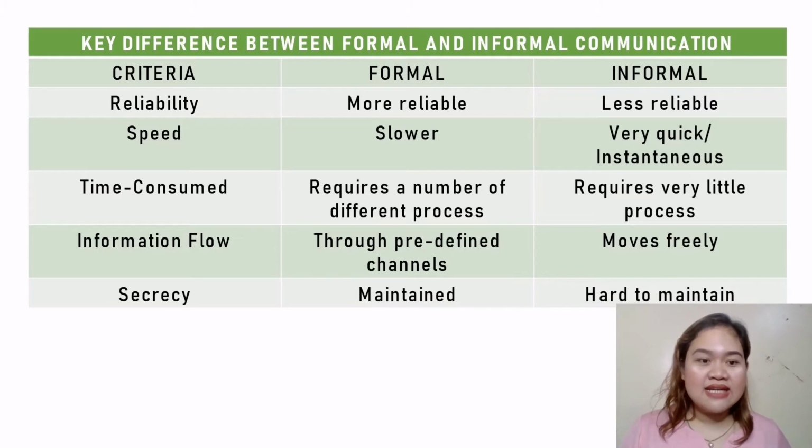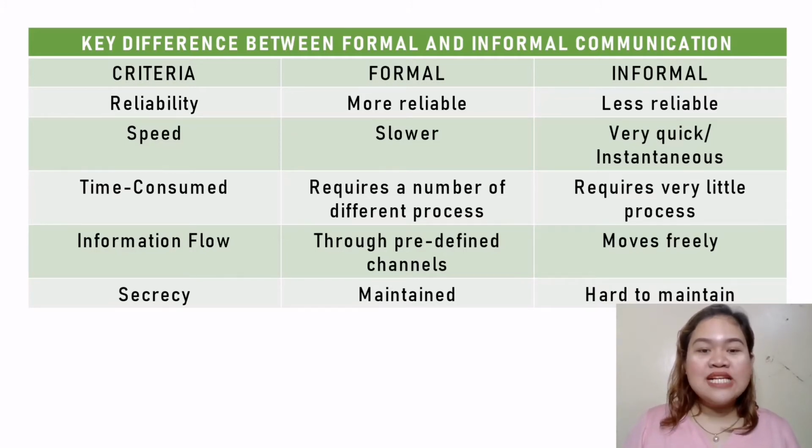The first criteria is reliability. Formal is more reliable as it is prepared, unlike informal, which may happen anytime. The second criterion is speed. Formal is slower than informal because there is due process being followed, which makes it time-consuming too.